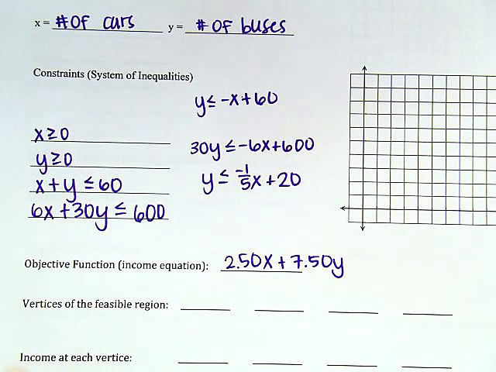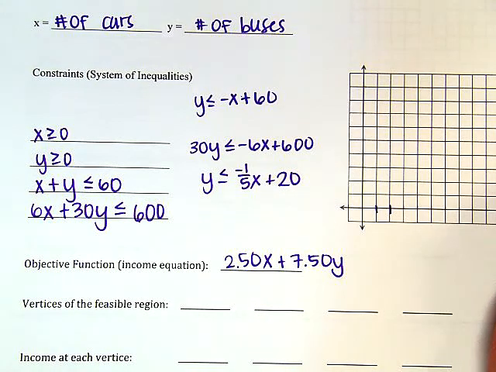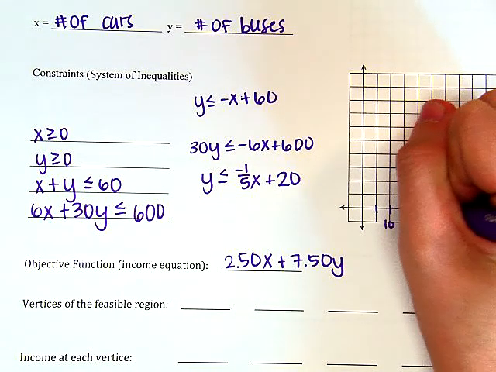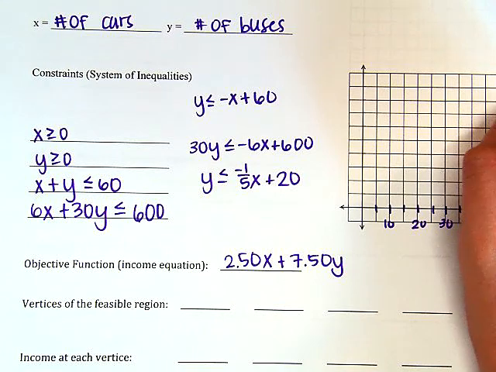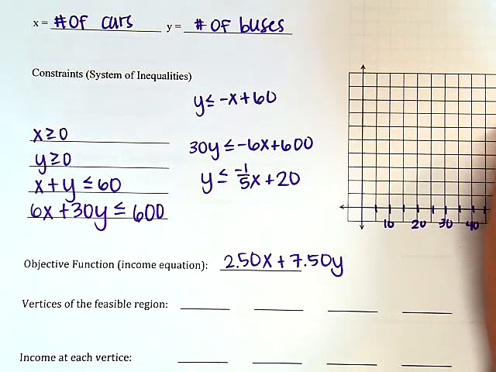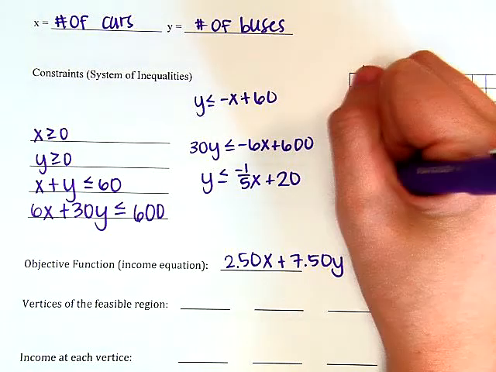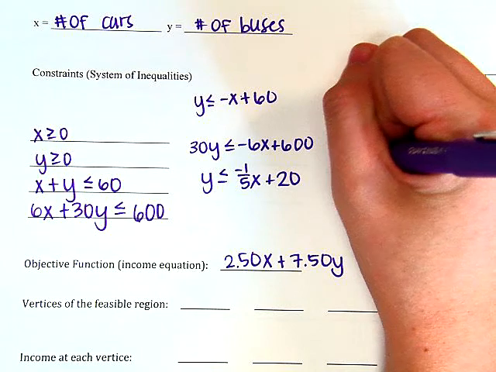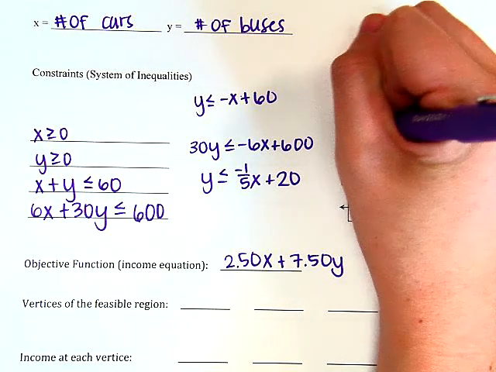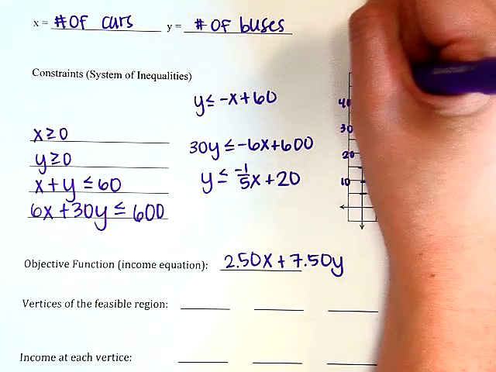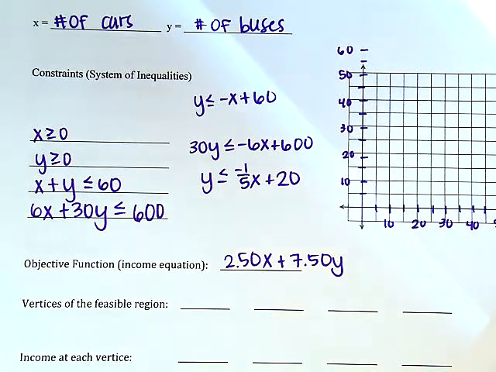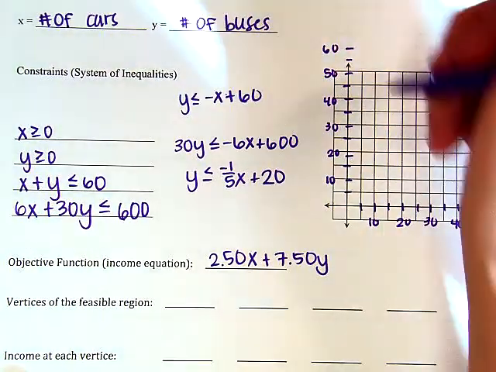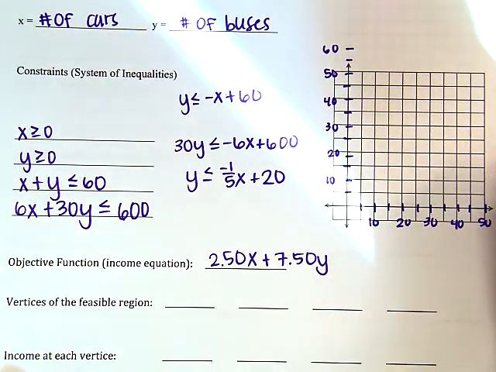So it looks like I'm going to go up, let's go by tens. 10, 20, 30, 40, 50, and if it went up just a little more, 60. So my first equation starts at 60, and if this one went a little more, it'd be 60 here.